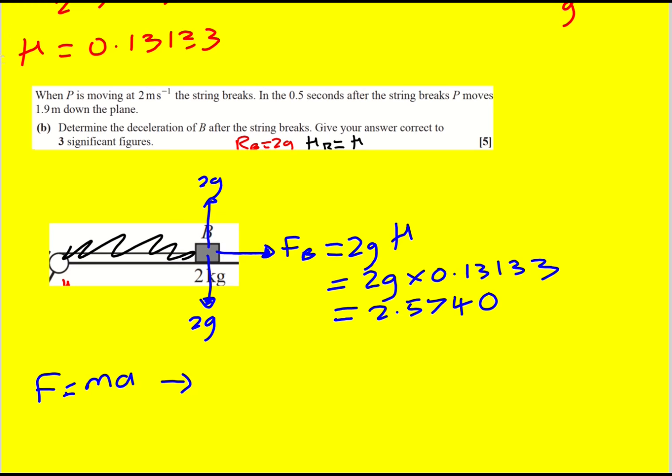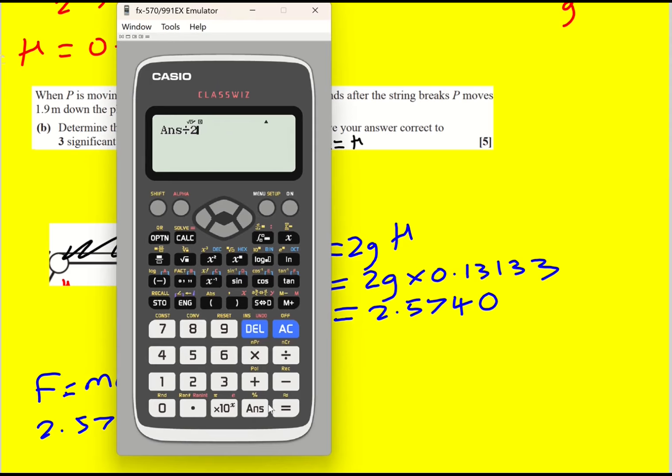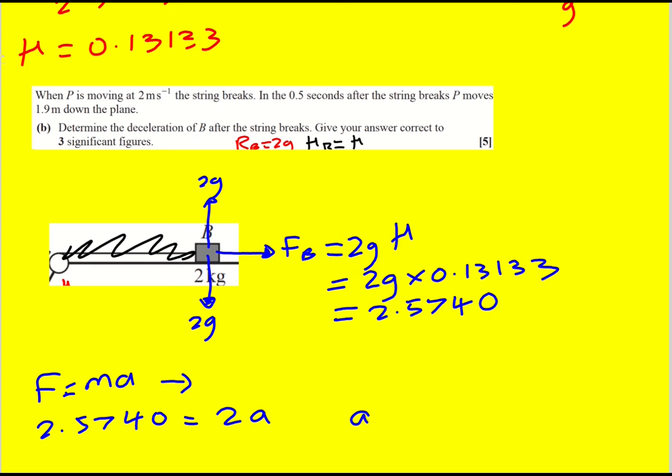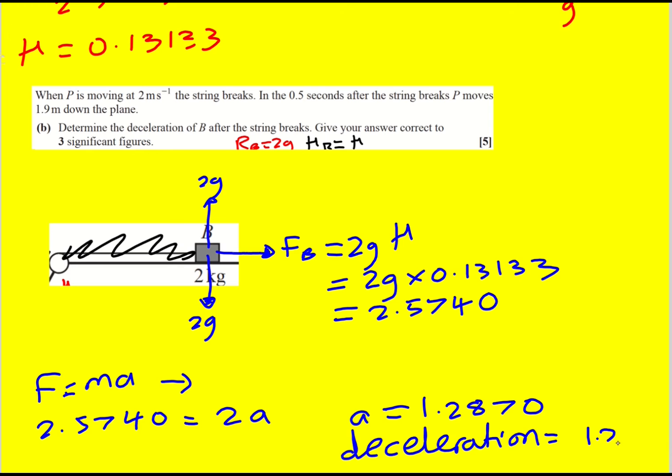The acceleration is going to be to the right, which is the same as the deceleration. So I'll get 2.5740 equal to 2 times a. We just need to divide through by 2. That is our deceleration, 1.2870. Three significant figures, 1.29 meters per second squared.